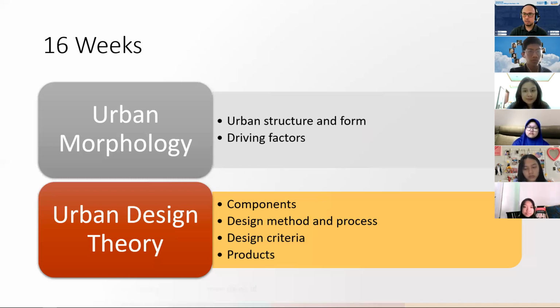There are various urban design products, such as the building and environmental design regulations, or in Indonesia, it is known as RTBL, Rencana Tata Bangunan dan Lingkungan. That's just one, and then there are other products, of course. She will get into that.